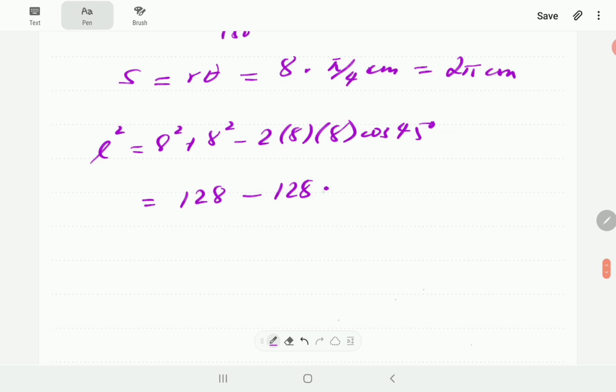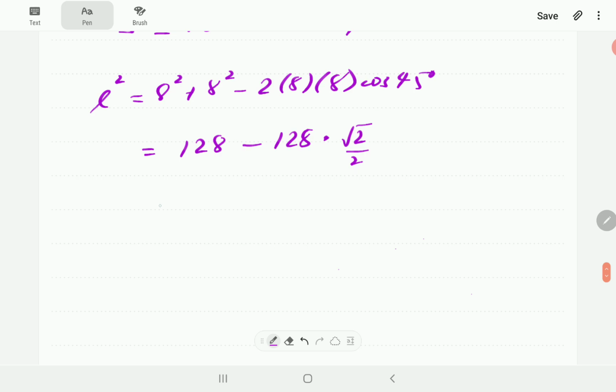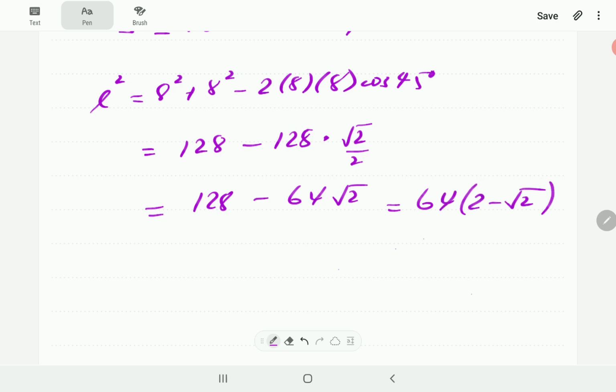Then cosine 45, we will show that it's equal to root 2 over 2. So this is going to be 128 minus 64 root 2. It's 64 into 2 minus root 2. So that's L squared.